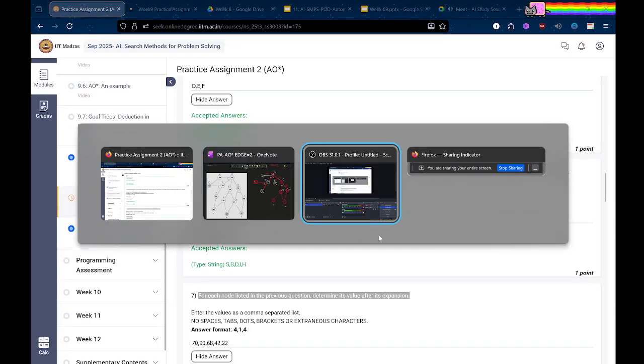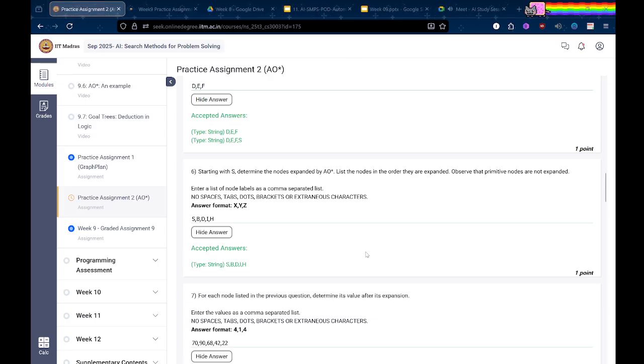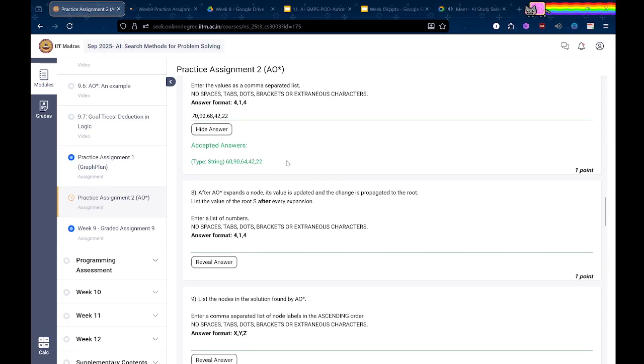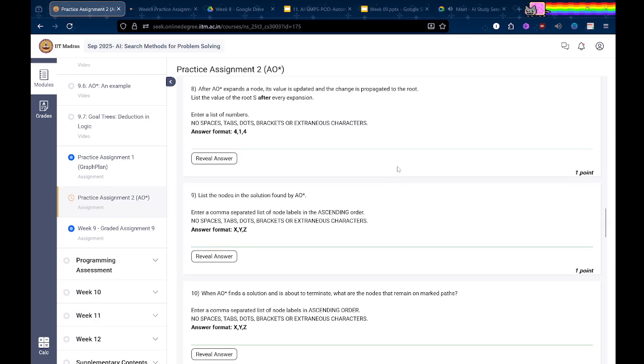We spent a lot of time on that. Anyways, so this question now. Let's just assume that this is the correct one, because I don't see how F can be 60 when D is 68, right? After AO star expands a node, its value is updated and the change is propagated to the root.